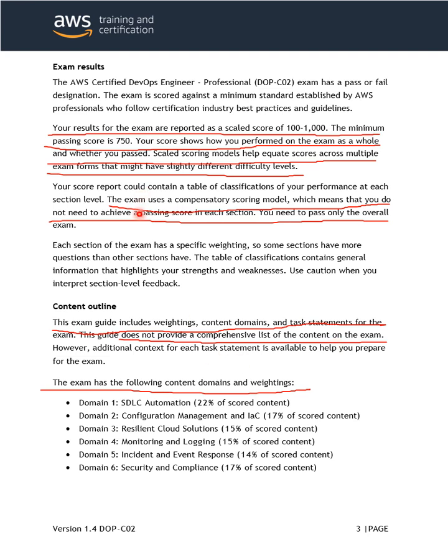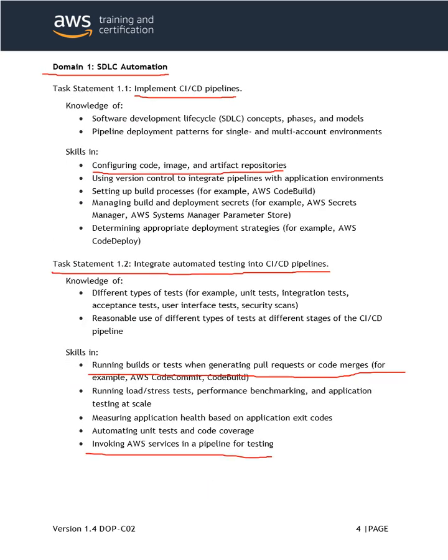I will come to the next section. I will explain what the tasks are in different domains and how a candidate can prepare to excel in the exam. Domain 1 says SDLC automation.